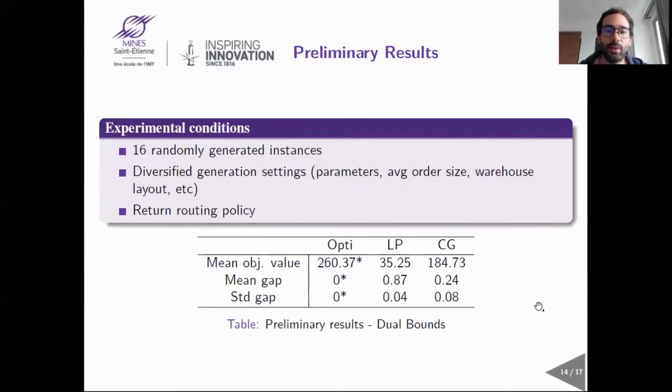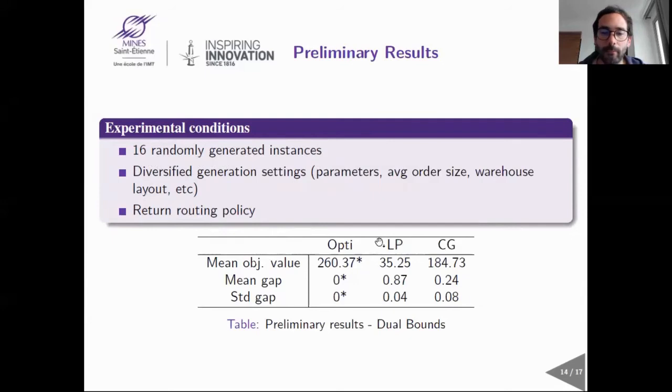So some preliminary results. We ran some tests on random instances that are the size of instances we hope to solve with an effective exact method, and the return policy.